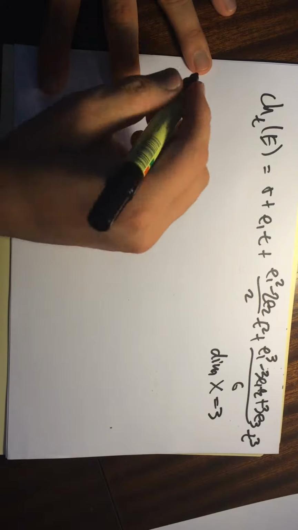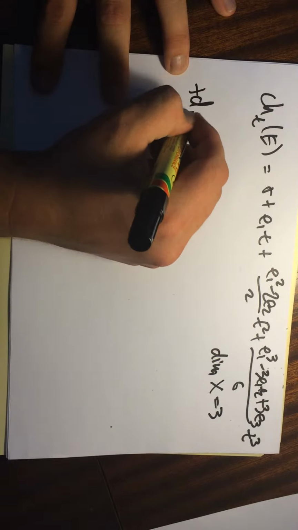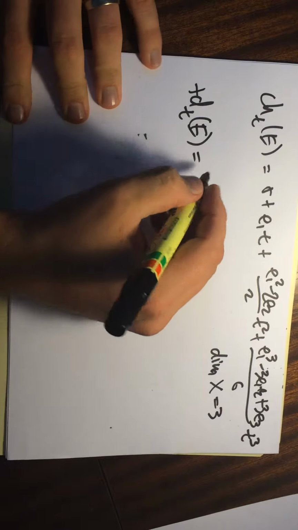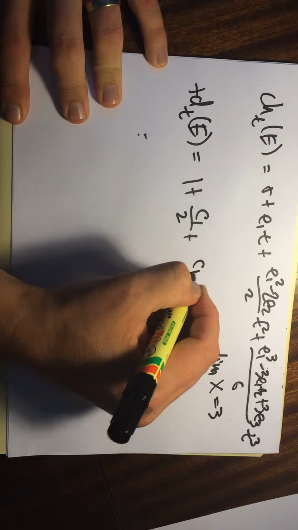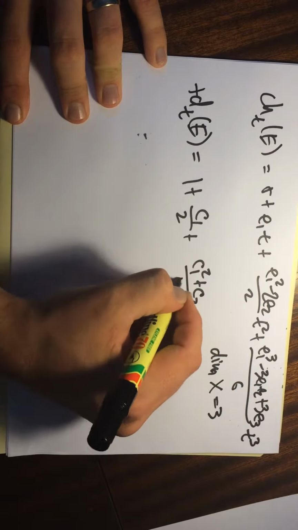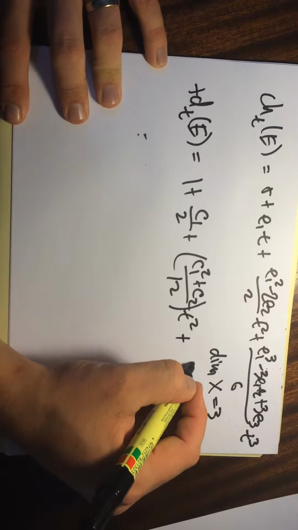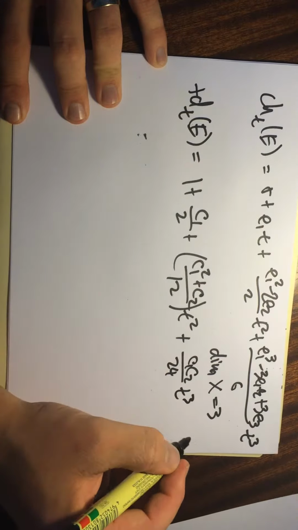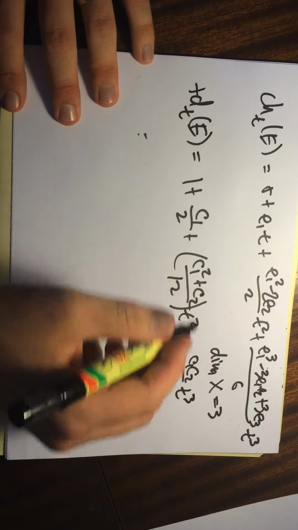The next thing we have is the Todd polynomial, the Todd class, which is 1 plus c1 over 2 t plus (c1 squared plus c2) over 12 t squared plus c1 c2 over 24 t cubed. Again, the dimension is 3, so we don't worry about the higher terms.